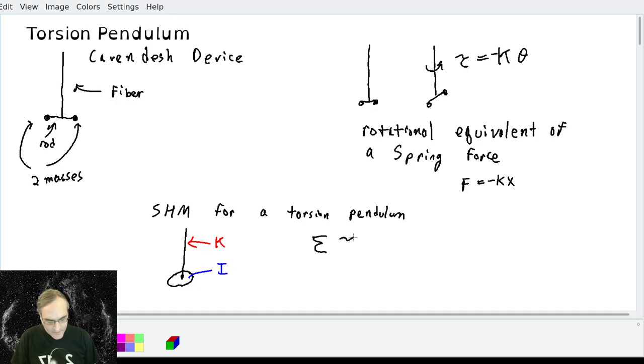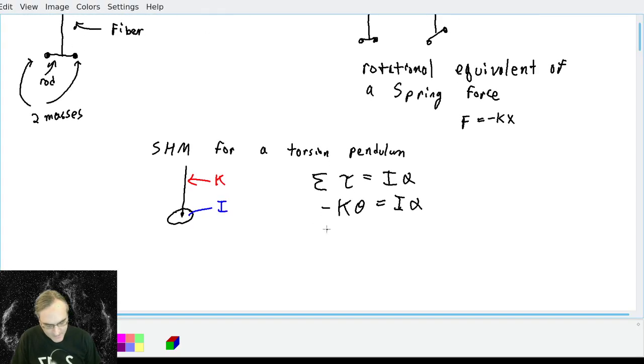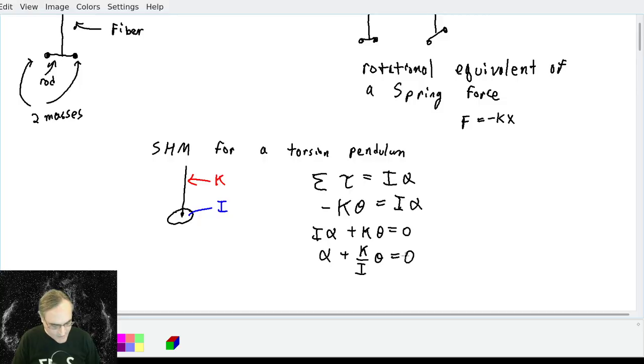If we look at the sum of torques equals I alpha, we find minus the torsion constant kappa times the angle theta is equal to I times alpha. If we rearrange that into our standard form, alpha plus kappa over I times theta is equal to 0.